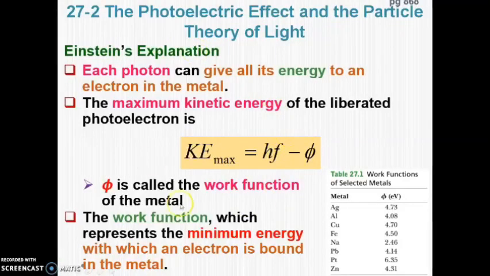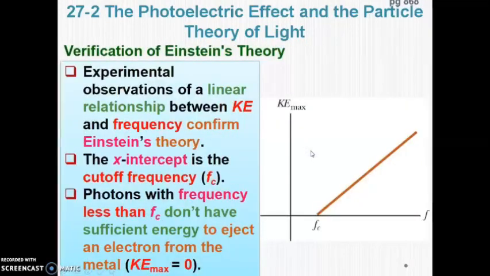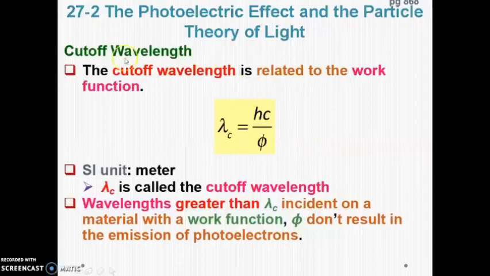So the new formula becomes c over lambda is equal to the work function. And when you rearrange the formula, lambda c is equal to hc divided by the work function.